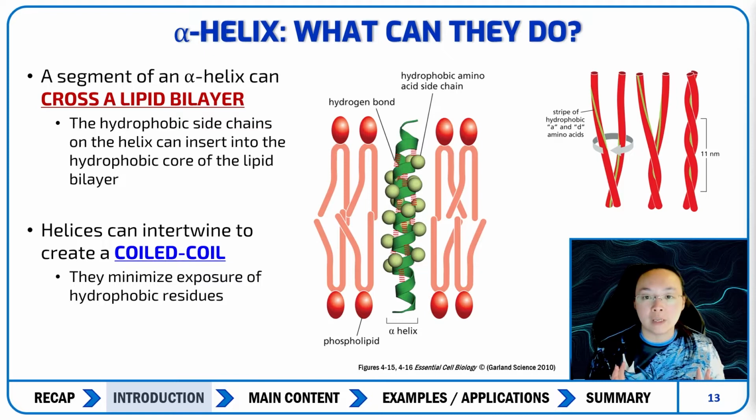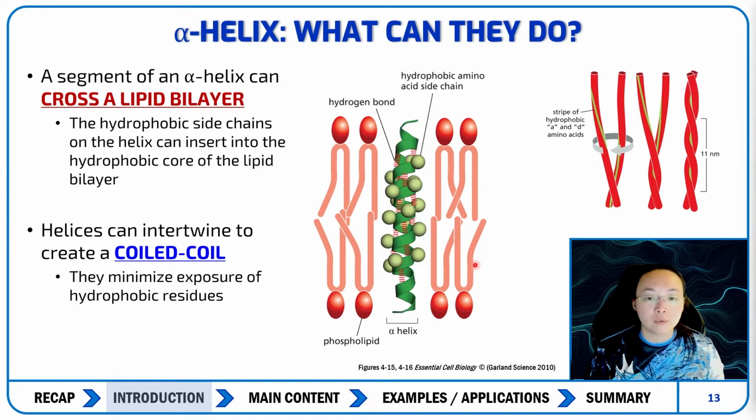The alpha helix is just one of those states, or a part of a larger protein. So in terms of the alpha helix itself, because of the way it's coiled and the way it turns, most of the hydrophobic side chains are going to be on the exterior and thus allow the alpha helix to pass through the lipid membrane a little bit easier.